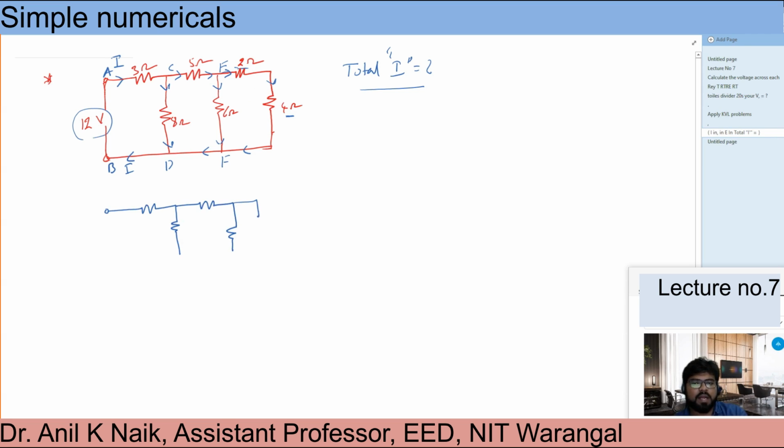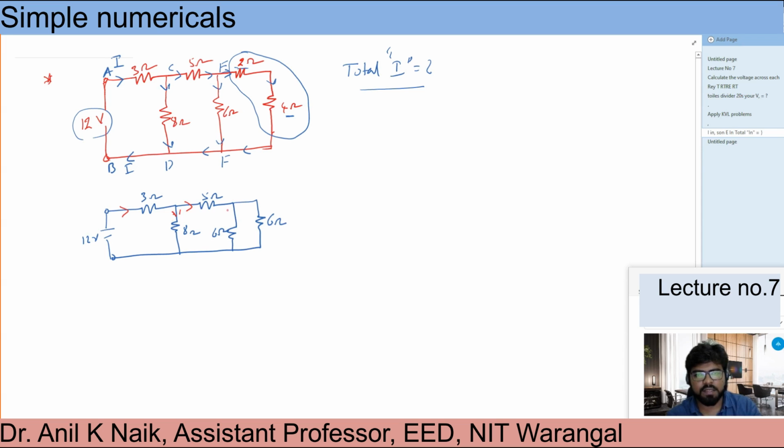These two are added, and this is the 12 volts. 12 volts is there, 3 ohms, 8 ohms, 5 ohms and 6 ohms. What about this one? This has been replaced now, adding R1 and R2, which are in series, so I can take 6. These are the current directions. You can imagine here, and coming like this, the current I.